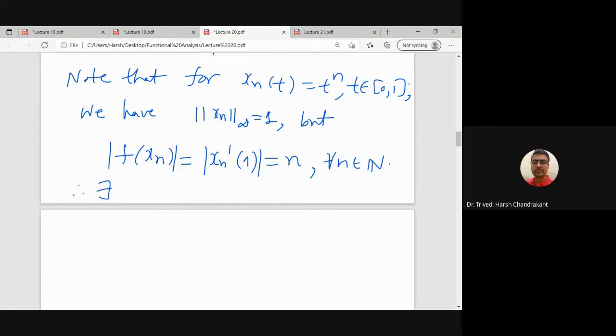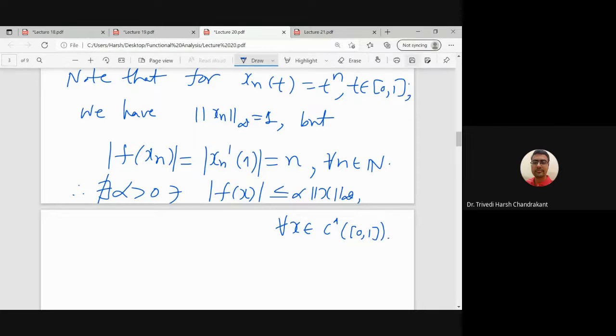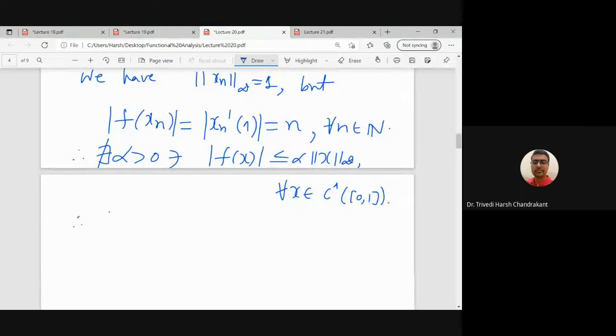Therefore there does not exist alpha greater than 0 such that modulus of f(x) is less than or equal to alpha times norm x for all x in the domain, and the domain is C[0,1]. Again, alpha does not exist. That means f is not continuous. Not continuous means it is a discontinuous function.